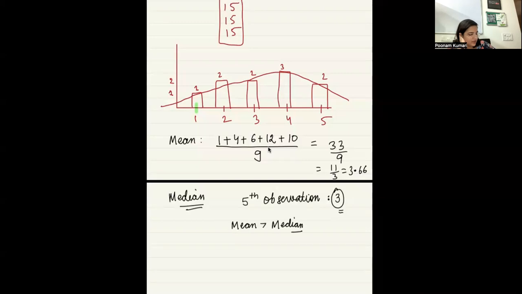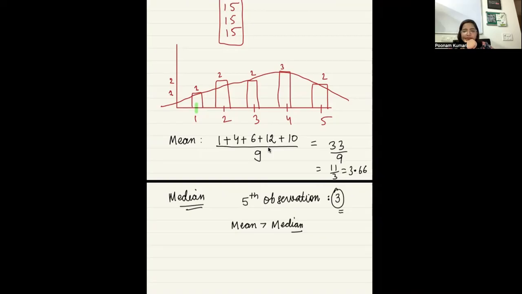And then this is 22, 32 and 33, right? So my mean is greater than median, right? If I would have reversed this situation, then what would have happened?